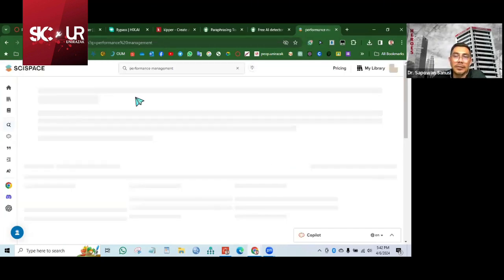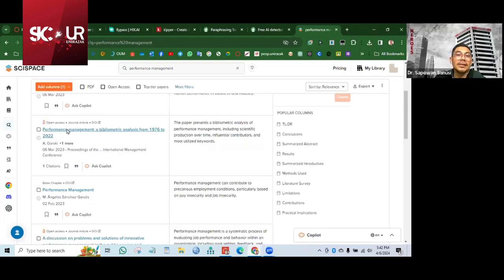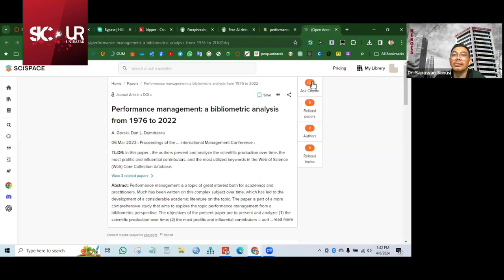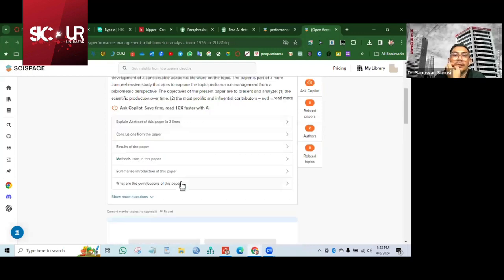Okay, SciSpace ni saya syorkan kalau siapa nak guna. So dia ambil journal. Tekan journal ni, dia akan bagi you topik-topik yang boleh tanya dia lah.